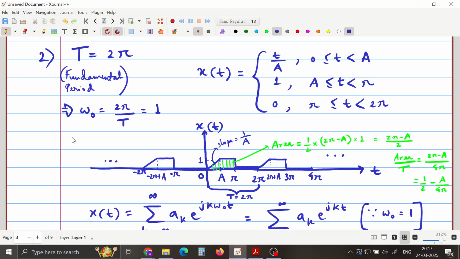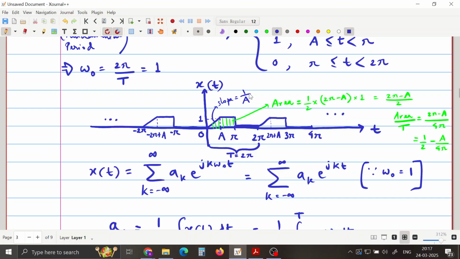As we saw, it's simply the area under the signal, the average value of the signal over one time period. So we calculated the area also. For example, here we calculated the area of the shaded region and then divided it by the fundamental period and ended up with the same value.